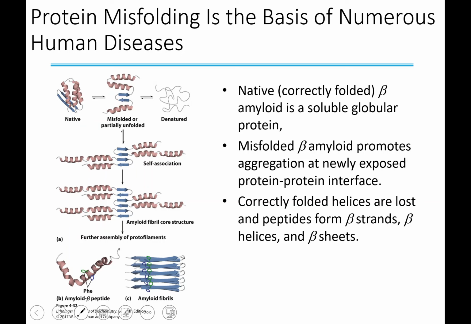When that happens, two or more of this misfolded beta amyloid protein can interact with one another, and they can interact very strongly where the beta strands are. Remember that hydrogen bonding can occur between strands in the beta structure, and that becomes a very strong interaction. We get what are known as aggregation, and then ultimately amyloid fibrils.